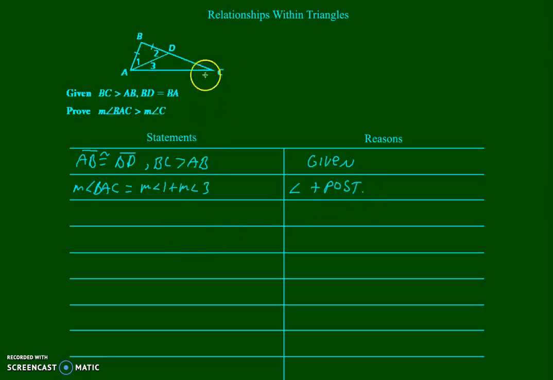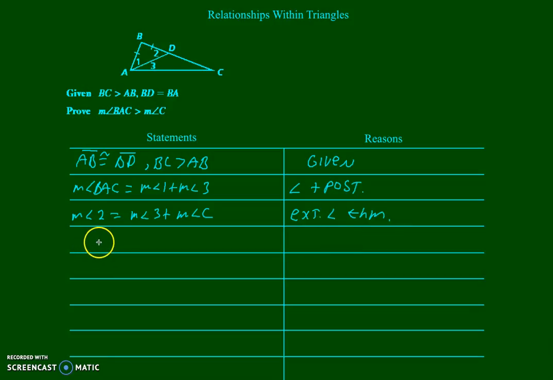Now looking at angle C, we know that angle C is related to angle 2 and angle 3 because angle 2 equals angle 3 plus angle C. That's the exterior angle theorem. So we know that the measure of angle 2 equals the measure of angle 3 plus the measure of angle C. So this is the exterior angle theorem.